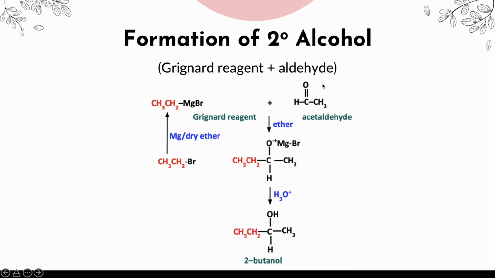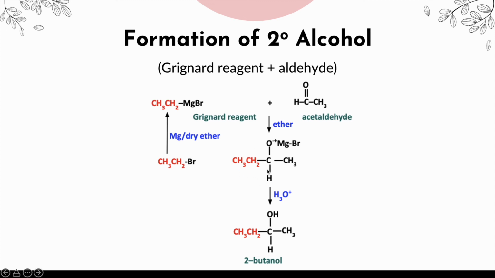So this ethanal or acetaldehyde in the presence of ether reacts with Grignard reagent over here, O minus MgBr plus. So this bond will be used to form lone pair on oxygen, and then this Mg plus O minus.